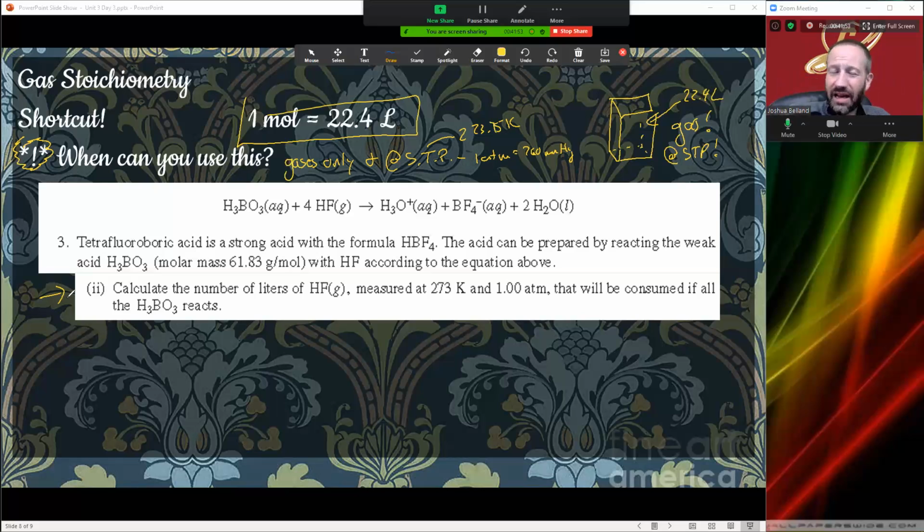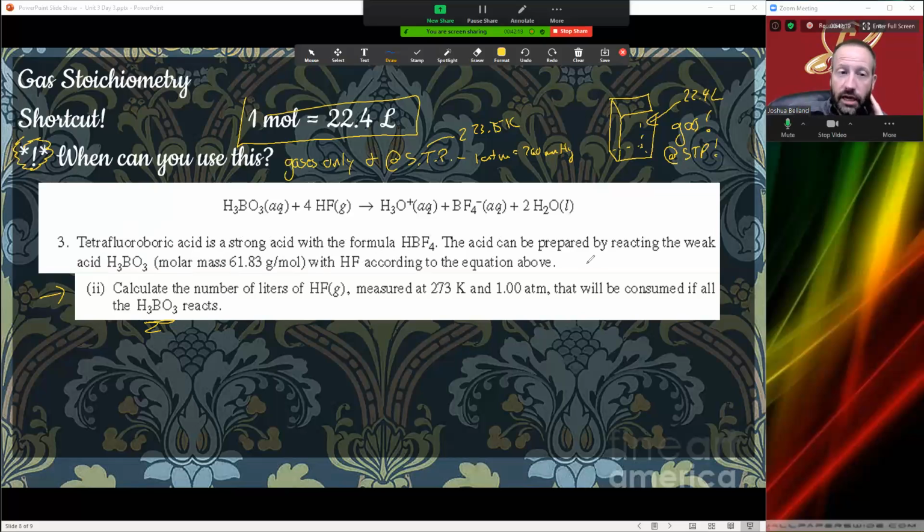But I need to start with my boric acid, my H3BO3. Okay, what do I know about the molar mass? Tetrafluoroboric acid is a strong acid with the formula of that. The acid is prepared by reacting weak acid, boric acid, molar mass given, with hydrogen fluoride according to the equation above. Okay.